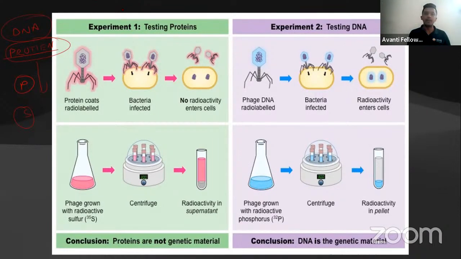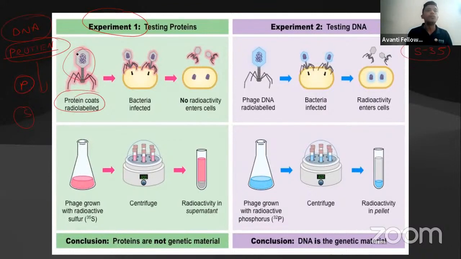In the first experiment, they take bacteriophage and label it with radioactive sulfur. What is this radioactive sulfur? It's an isotope of sulfur. Usually the naturally occurring sulfur we see is S32, but here the sulfur they have used is S35. The isotope S35 is radioactive.